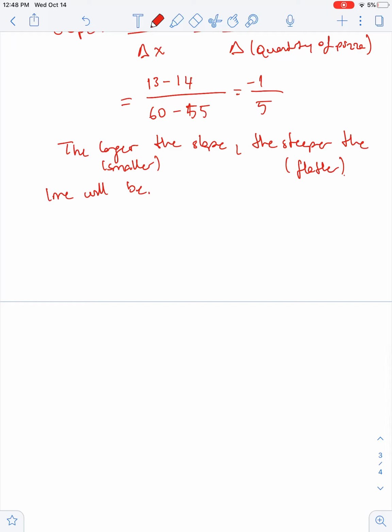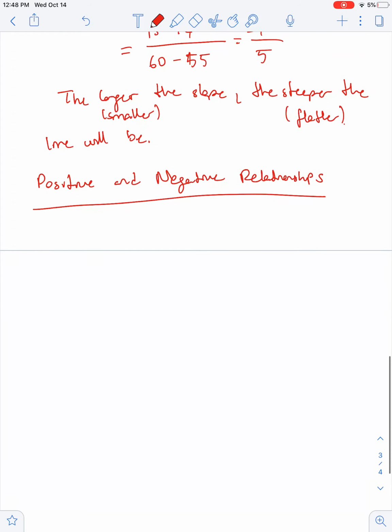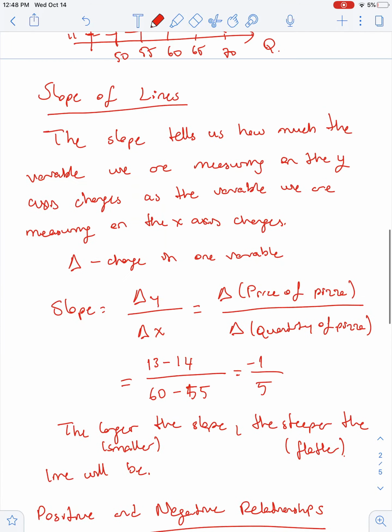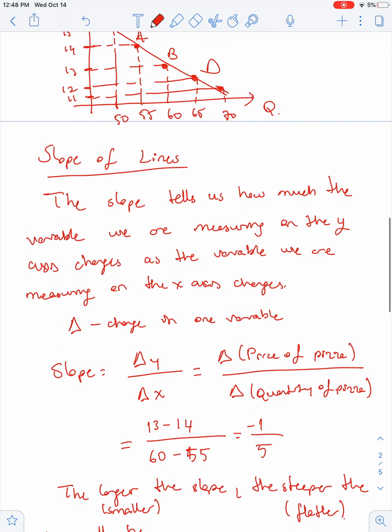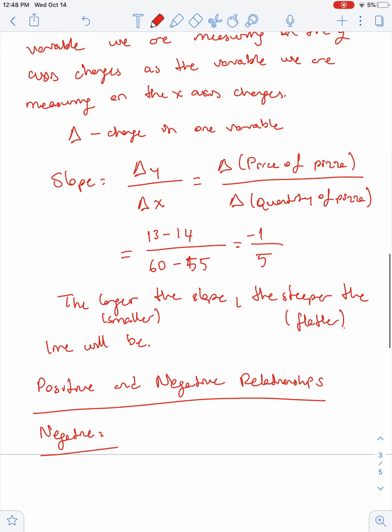As I told you, you can tell a positive or negative relationship between two variables by looking at the line. The graphs show the relationship between two variables. Negative means as one variable increases in value, the other variable decreases in value, as in here, right? So as the x variable increases, price decreases, or as price decreases, the x variable increases.